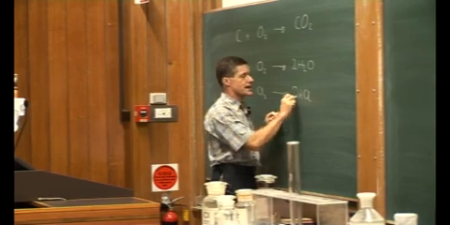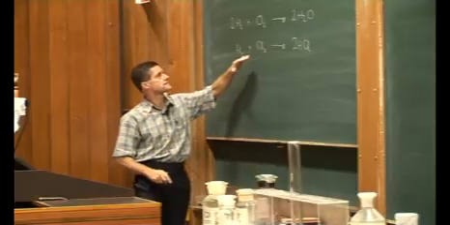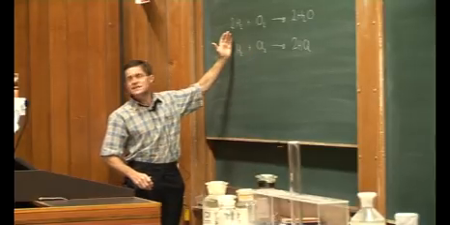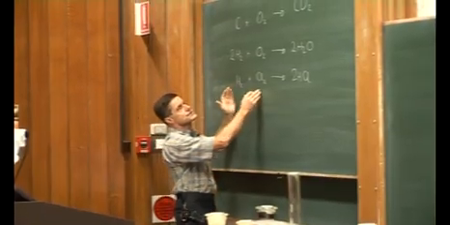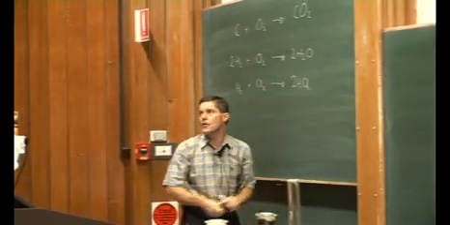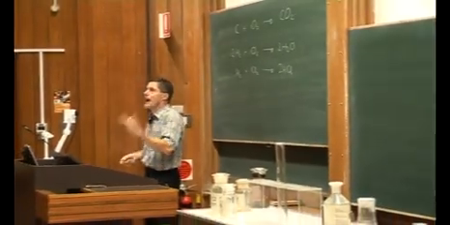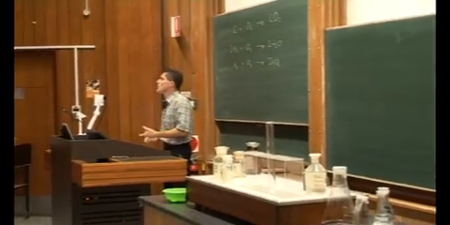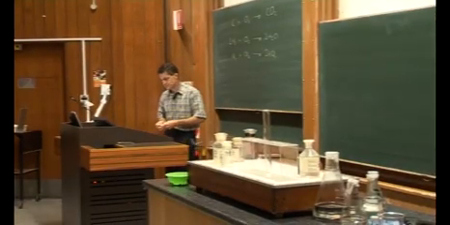And if I was to balance that up, then the balanced equation would look like that. And it's a similar sort of equation in as much that we're going from elements and forming a compound.